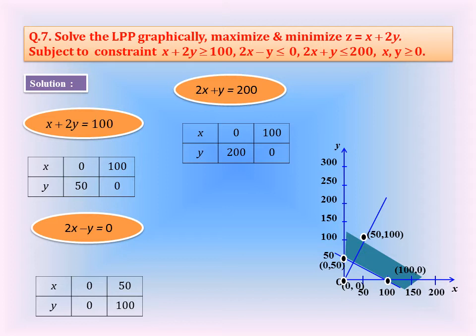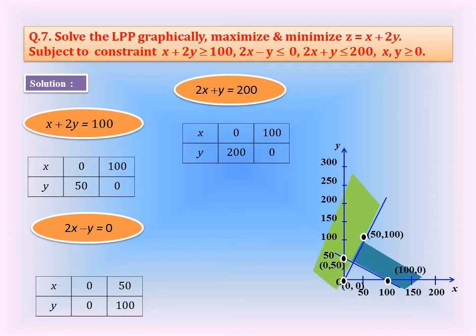We need to substitute x equal to 50 and y equal to 0 in the second inequality. We get 100 minus 0 is less than or equal to 0. 100 minus 0 is equal to 100, hence 100 is less than or equal to 0, which is a false result. Hence, shading away from the origin.